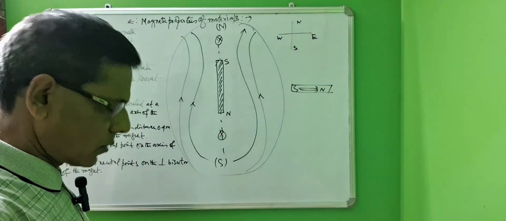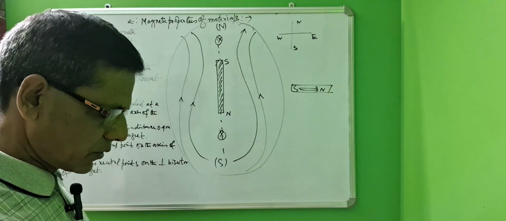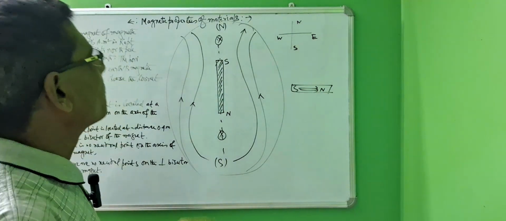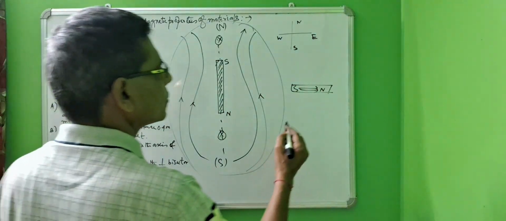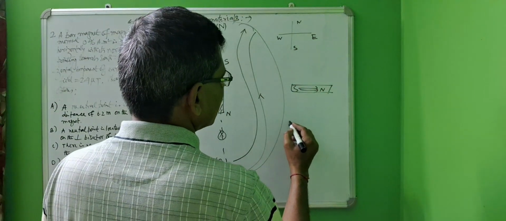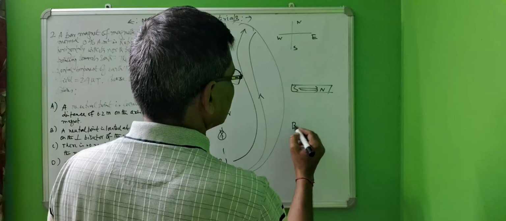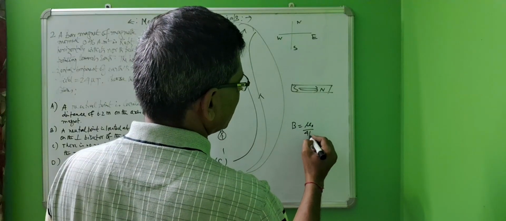So first we have to write down the expression for the magnetic field at the axis. We know this one as B equals mu 0 upon 4 pi twice pm divided by d cube, where d is the distance from the middle point of the magnet.